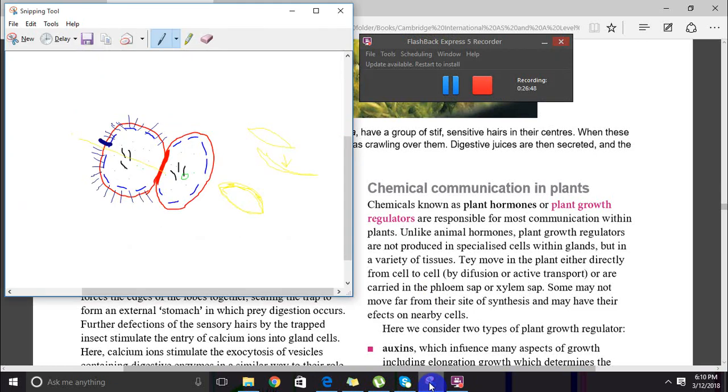So some might have theorized at some point that this change, the fact that this was really bulging upwards, might have been due to water leaving the cells right at the top and going downwards, and because the cells would have lost their rigidity, they would no longer be swollen, and so the lobe would not be bulging upwards any longer. But this wasn't really well received because the change was way too quick to be due to changes in turgidity alone.